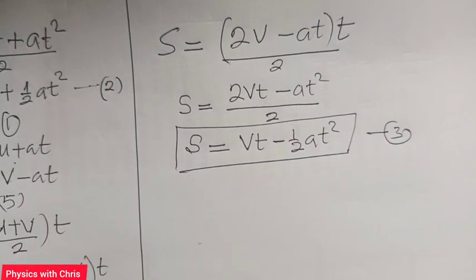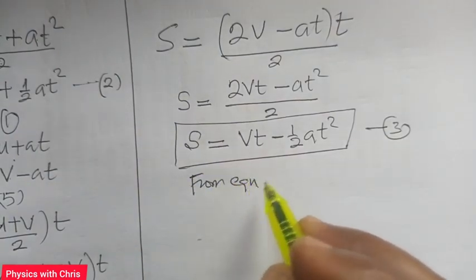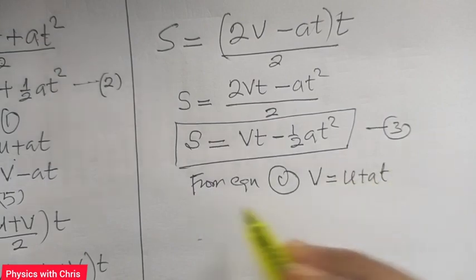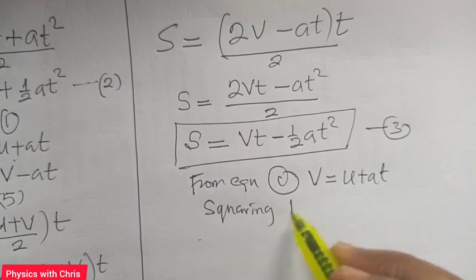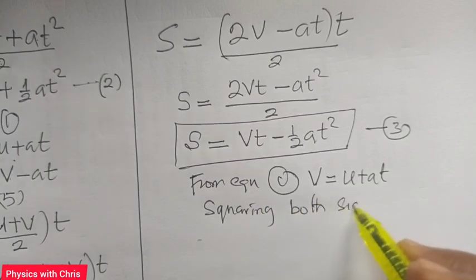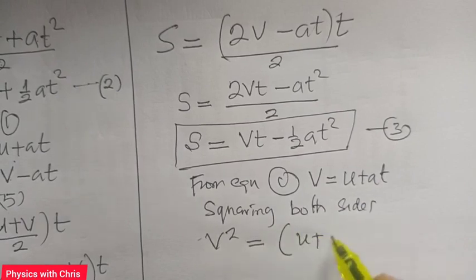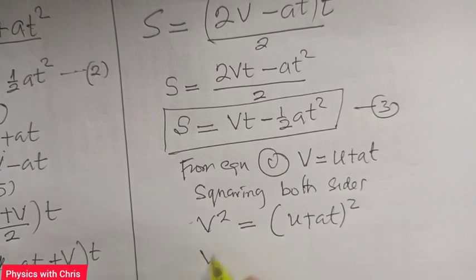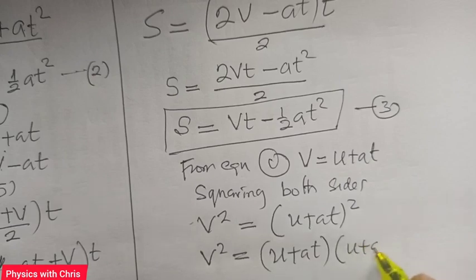Then to derive equation 4 quickly, from equation 1, we have v equals u plus at, and then squaring both sides, we have v squared equals u plus at. I'm going to place this in a bracket and then expand the bracket. This is the same thing as u plus at multiplied by u plus at.